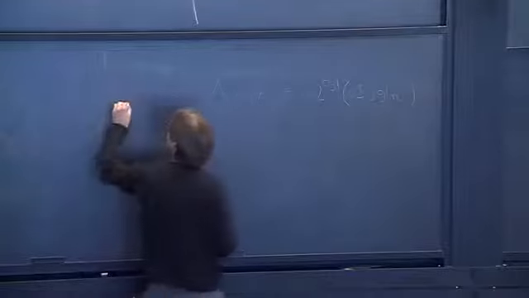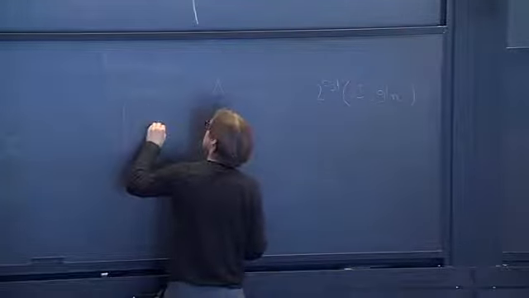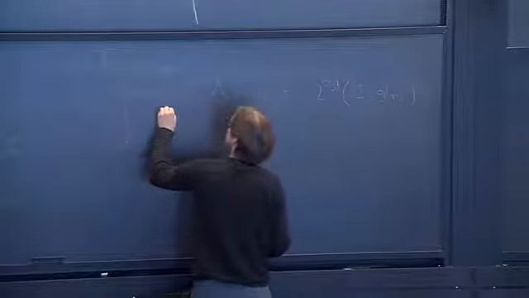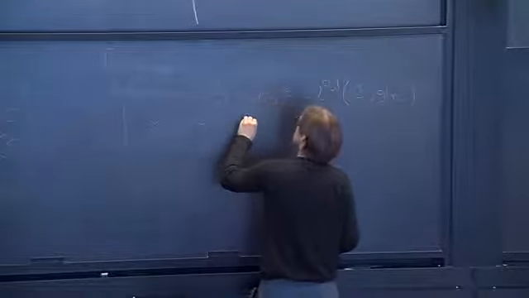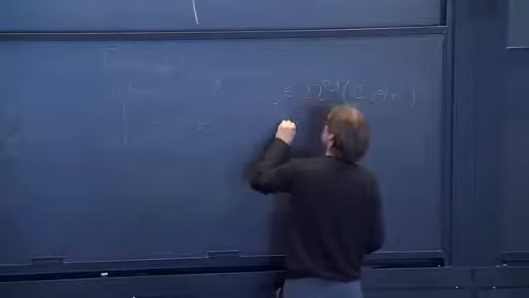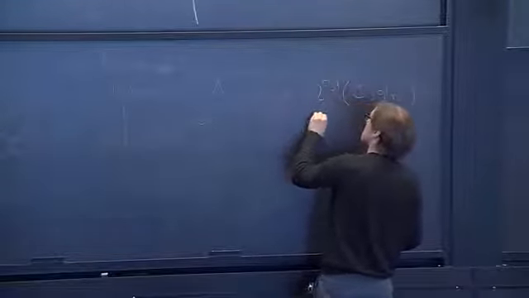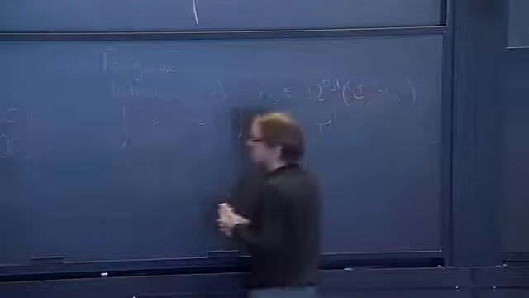And then, as before, I just write down this Lagrangian. Notice that as in quantum mechanics, there is no kinetic term for the gauge field.